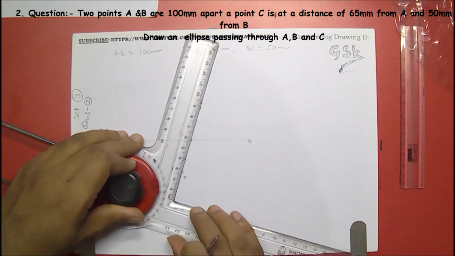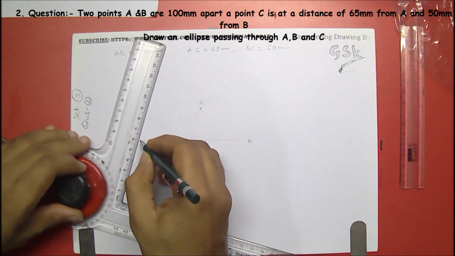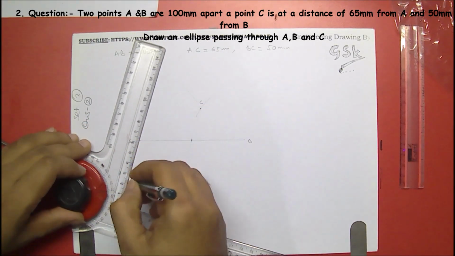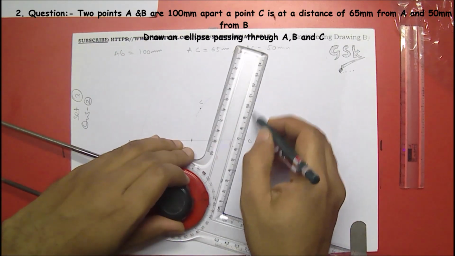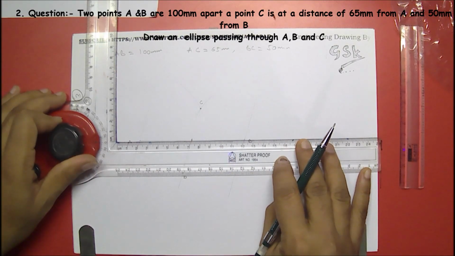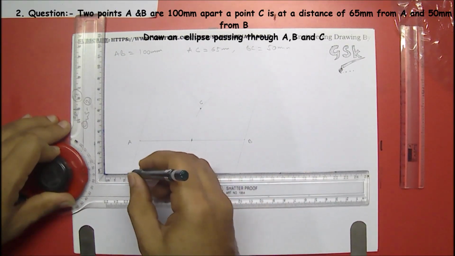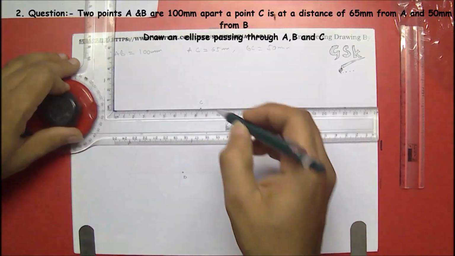Keeping the drafter parallel to this CD line, I'll draw this, and keeping the drafter parallel to AB, I'll draw this line, completing the parallelogram.